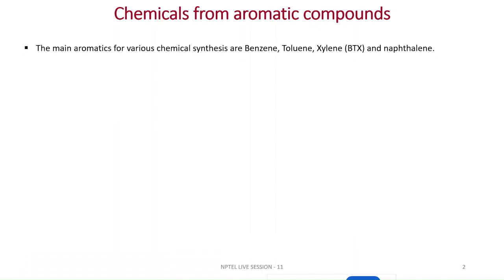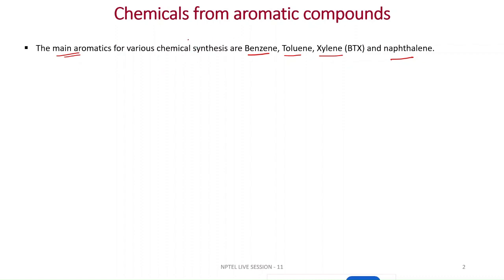So first of all, the main aromatic compounds for various chemical synthesis are majorly BTX, which is B for benzene, T for toluene, and X for xylene, and also naphthalene is there. So these are the key or main aromatics for the whole aromatic compound.